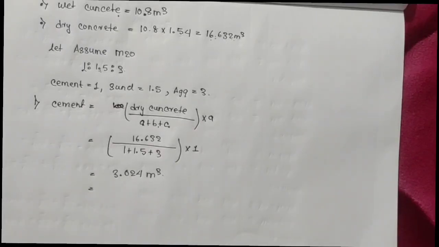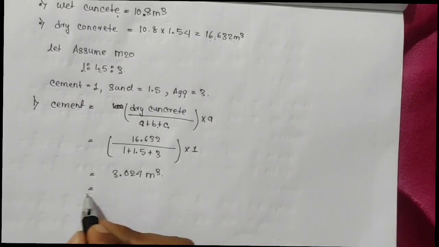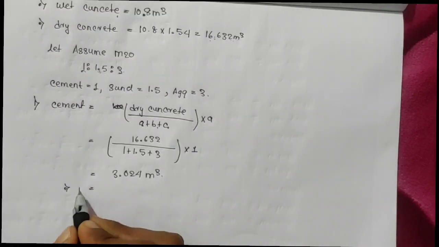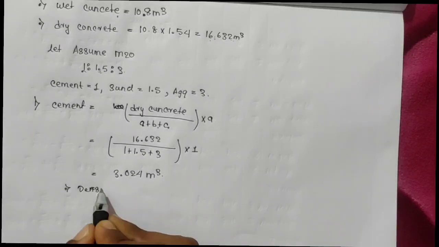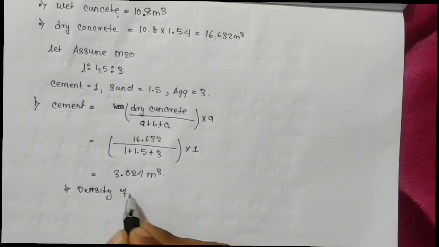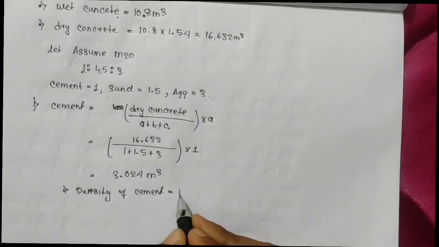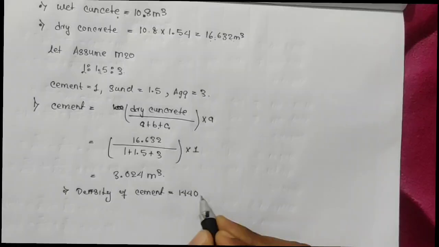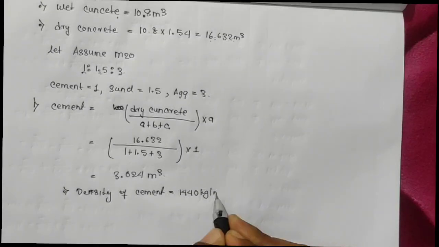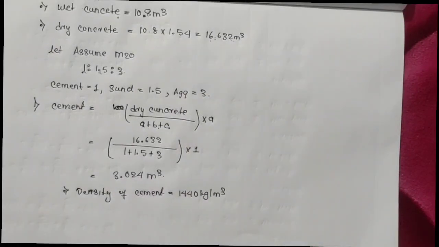As we know, the density of cement is 1440 kg per meter cube. So we have to multiply with this.